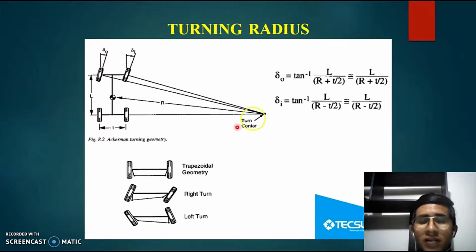Then we move the steering to the stop so the vehicle can take a turn, and we divide the two by two to get half the radius.